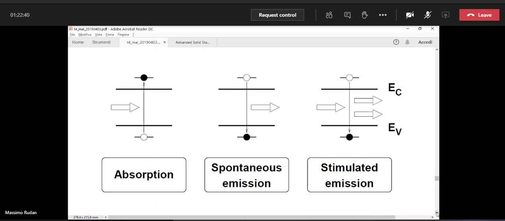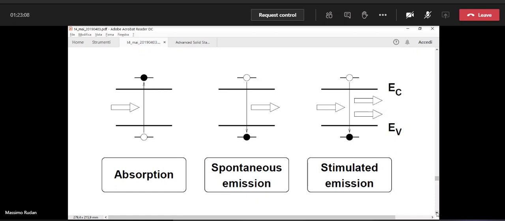And finally, there is the third possible phenomenon in which an electron that is initially in the conduction band interacts with the photon impinging on the semiconductor, and the photon triggers a transition to the valence band of the electron.